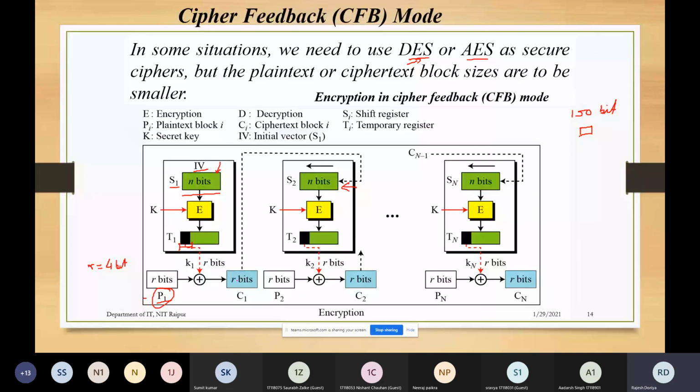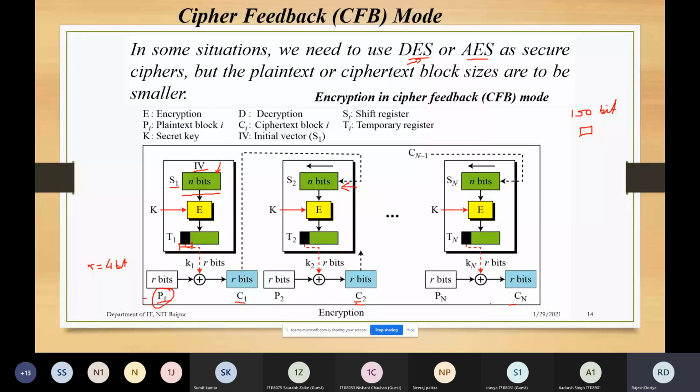If something goes wrong over here, this error will trigger errors in the following blocks as well. We are encrypting block by block: C1 is sent separately, C2 is sent separately, Cn is sent separately. But if something goes wrong in C1, it is going to affect C2 as well, and similarly Cn, or C3, C4, and so on.